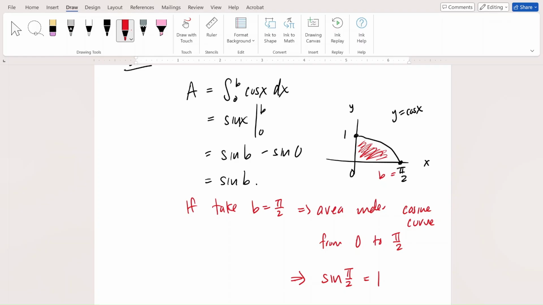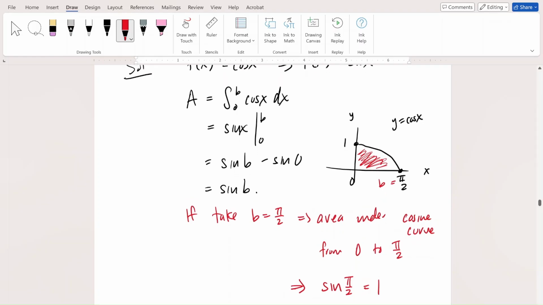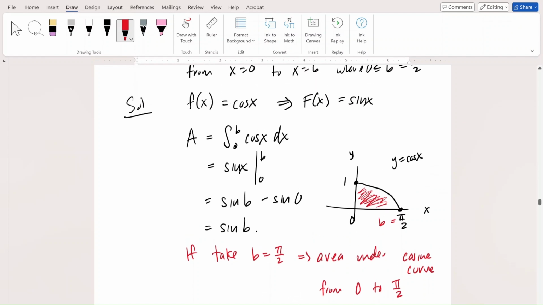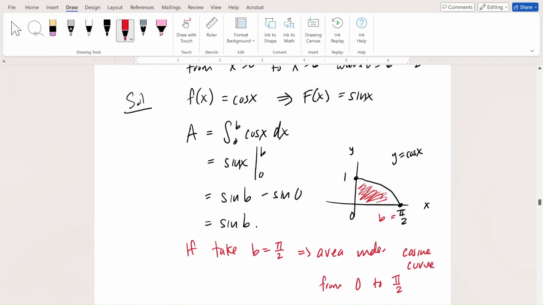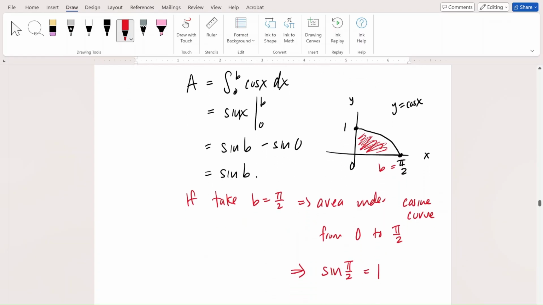Okay? So in our first example, in black, we found it generically for any b value from 0 to pi over 2. The result would have been sine of b. But if you know what b value you're working with, like pi over 2, then you just plug in b at the very end, since we got a general formula there.